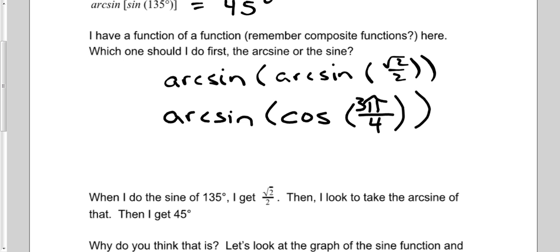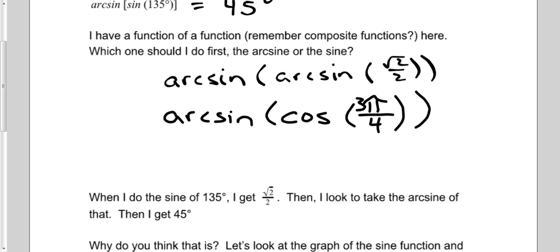Well, let me ask you this, and I like where you're thinking, Ben. But what is the range of sine? No, I want the interval now. What values do I get for sine? No, not arc sine, sine. Negative 1 to 1, right?